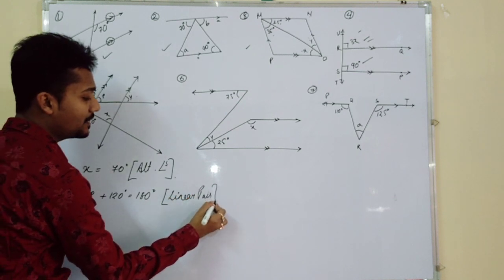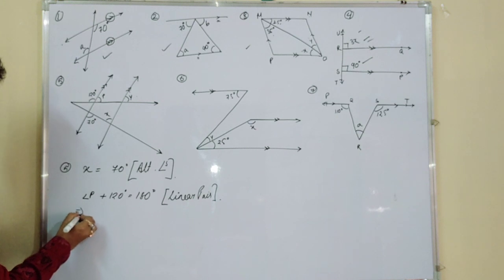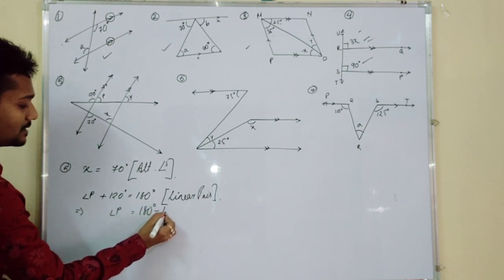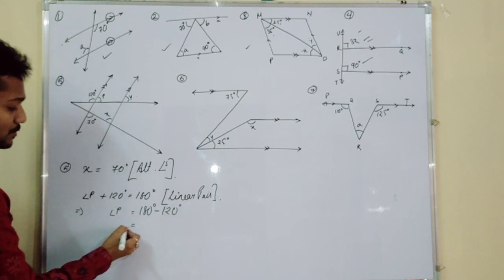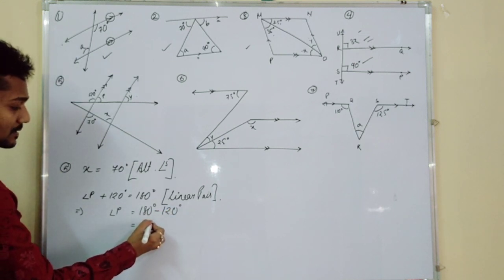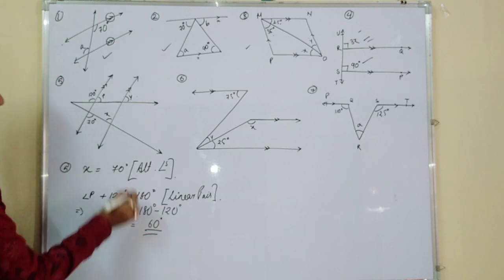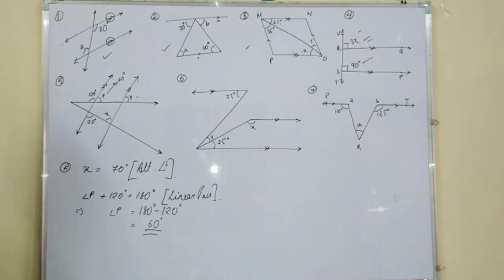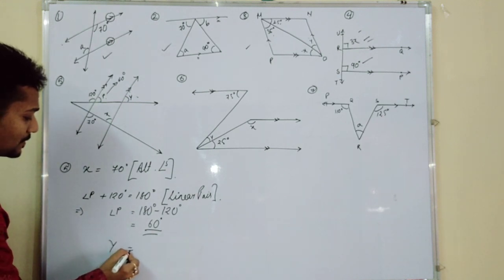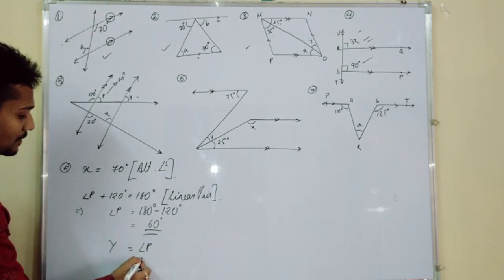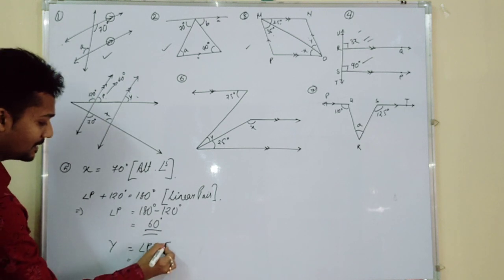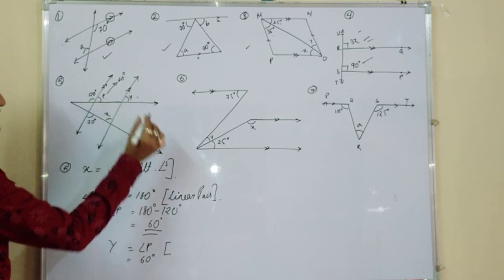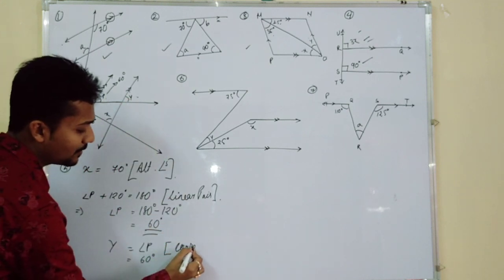Sum of the linear pair is equal to 180 degree. So angle P will be equal to 180 degree minus 120 degree, which is 60 degree. So P is equal to 60. Now P and y we can easily find the relation. Y is equal to P, which is equal to 60 degree. Reason? Y and P are corresponding angles, and corresponding angles are equal.